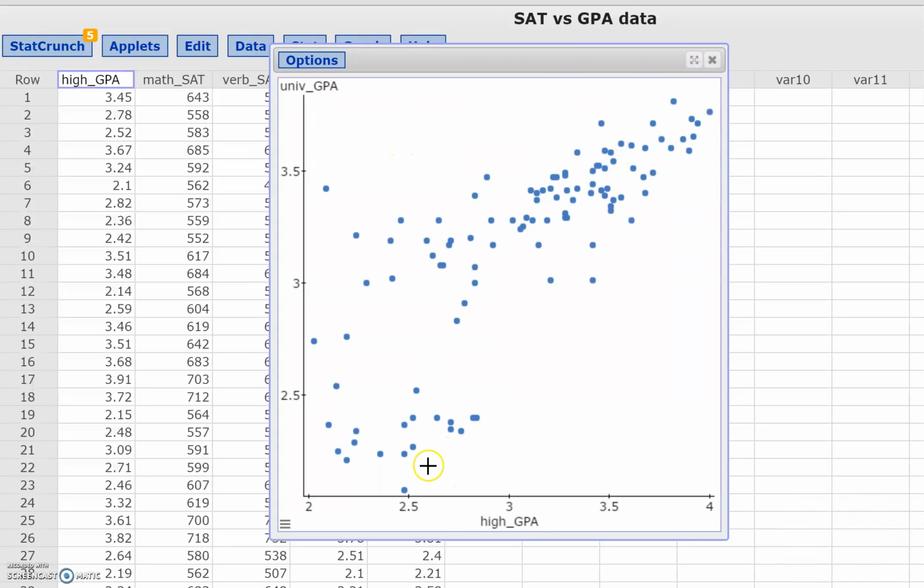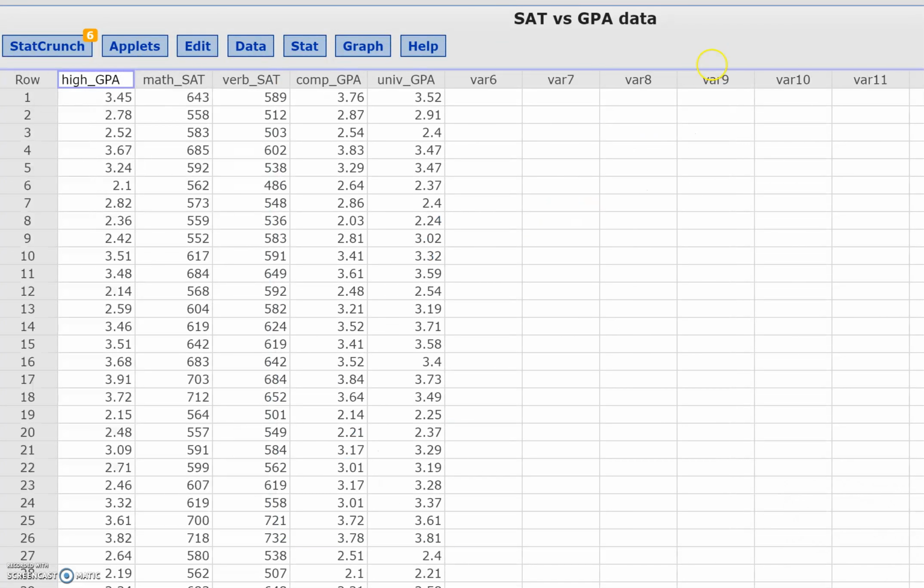But in the lower GPAs, we're starting to see a lot more spread away from that trend. So this fanning is an issue for us and would mean that simple linear regression is probably not the best bet, but we're going to go ahead and try that anyways because, well, it's intro stats and we don't really have any other options. So let's go ahead.